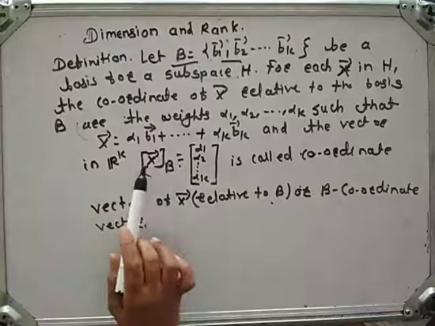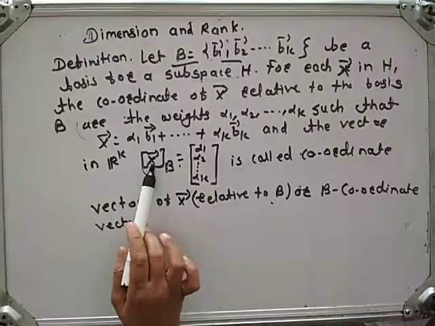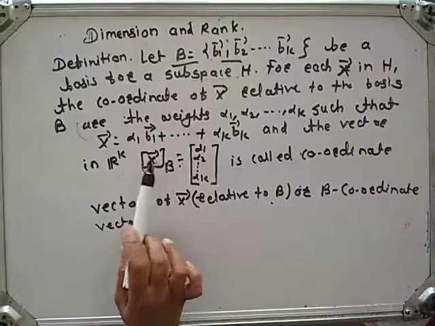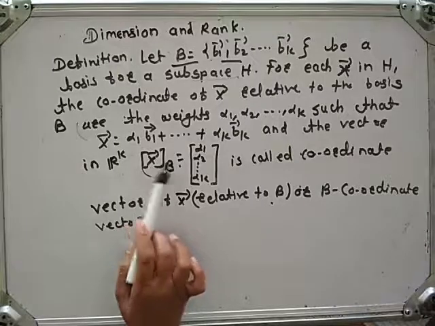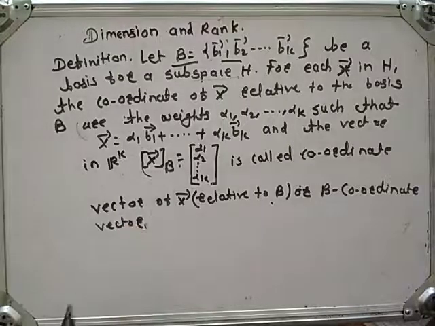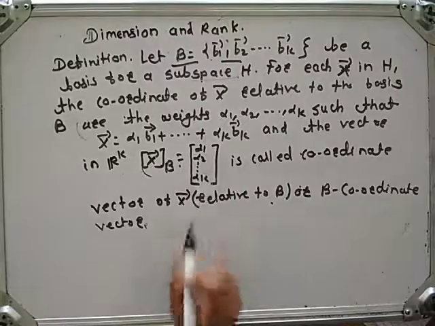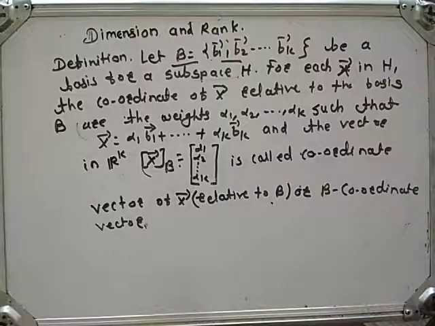This is nothing but the coordinate vector of x bar relative to the basis B, which is equal to the matrix alpha 1, alpha 2 and so on up to alpha k.